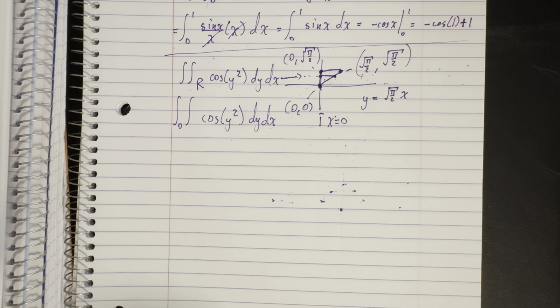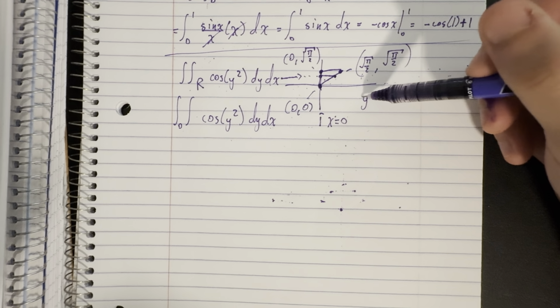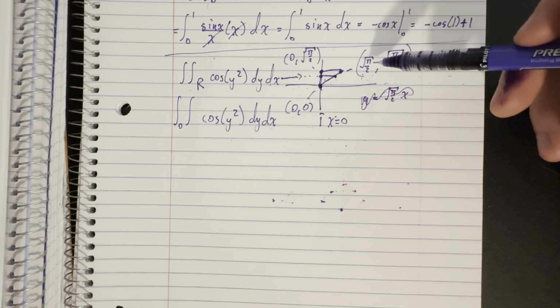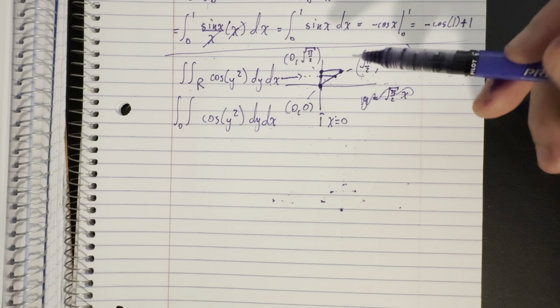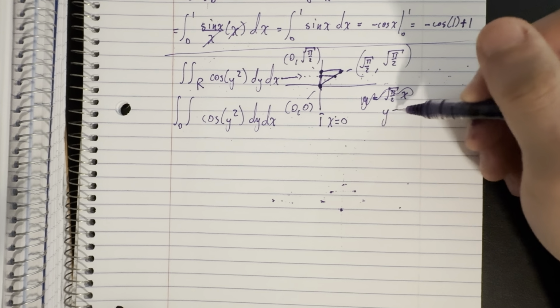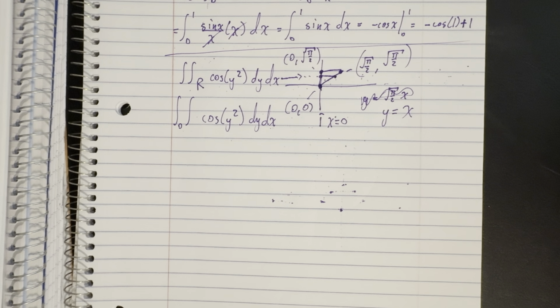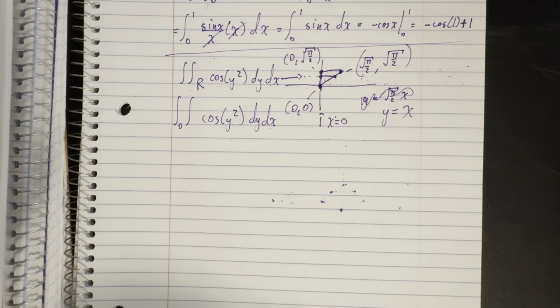Oh, no, I think I made it silly. Yeah, its slope is 1. So that's just y equals x.